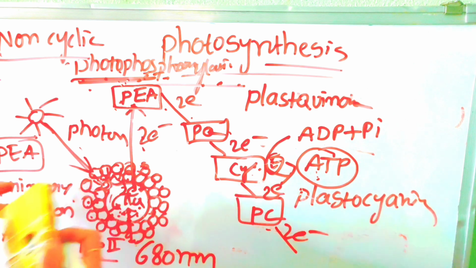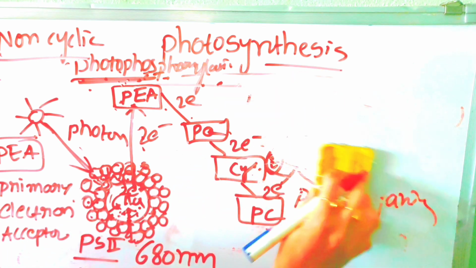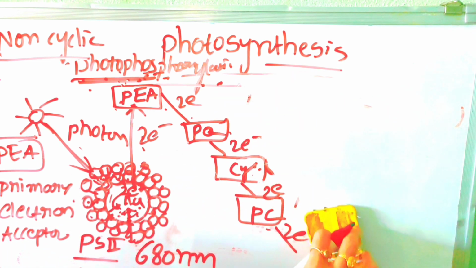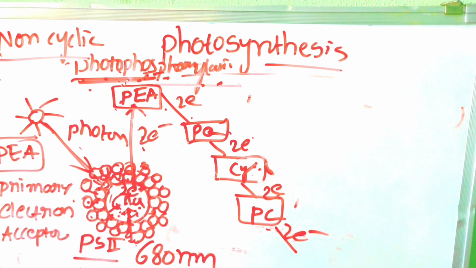The first photosystem is photosystem 2, and the second photosystem is photosystem 1. So the pair of electrons reaches the second reaction center, photosystem 1.